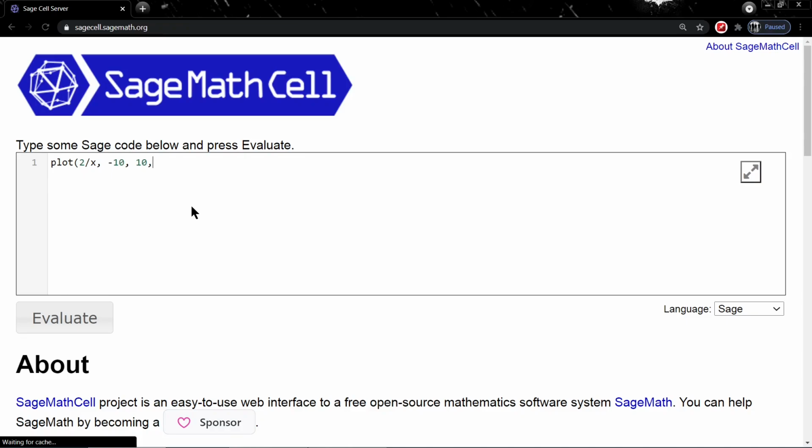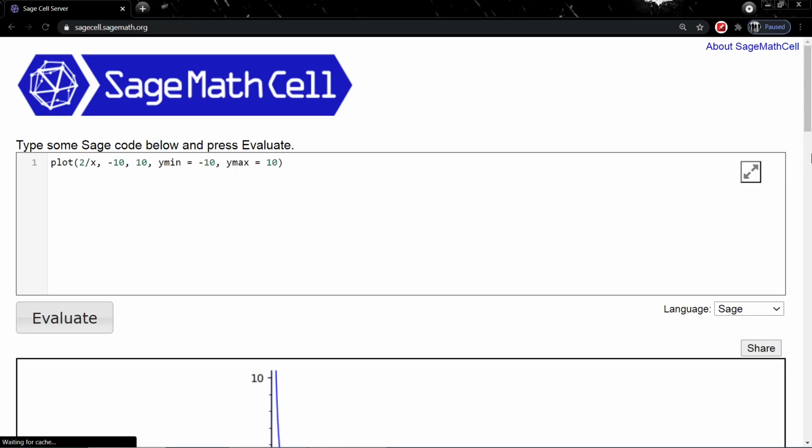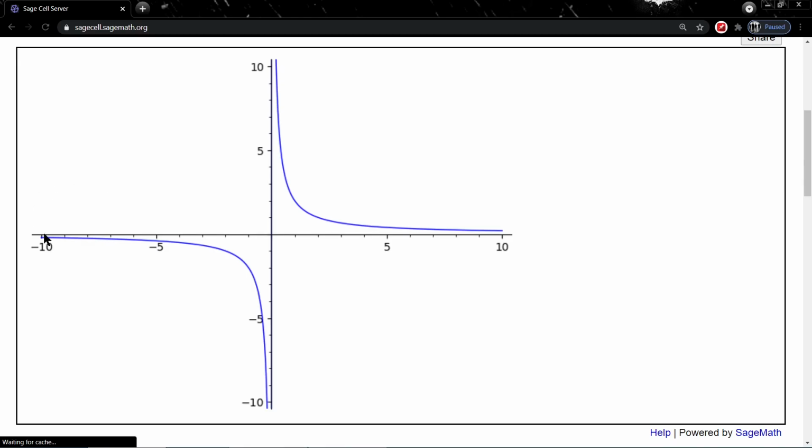X range from minus 10 to 10, y range, that is y minimum from minus 10 to y maximum equal to 10, and if we evaluate, then this will plot the graph of y equal to 2 by x in the x and y coordinate with x range from minus 10 to plus 10 and y range from minus 10 to plus 10.